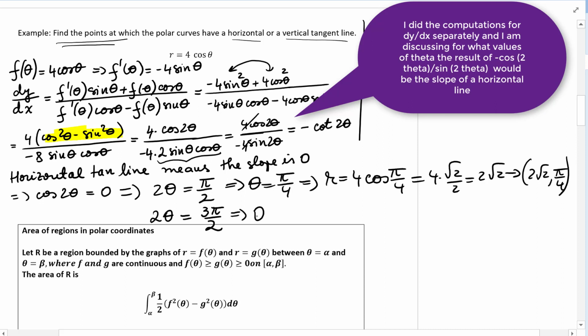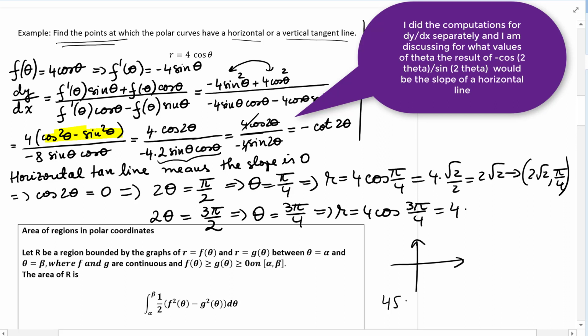And the second point, theta equals 3 pi over 4. So r equals 4 cosine of 3 pi over 4, which is equal to 4 times, well, 3 pi over 4 is 45 times 3. That's 135. So it would be around here. So pi over 4 is the reference angle.